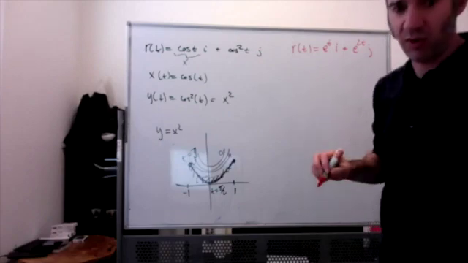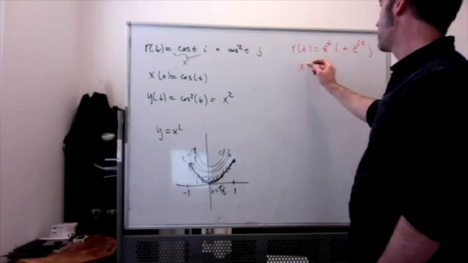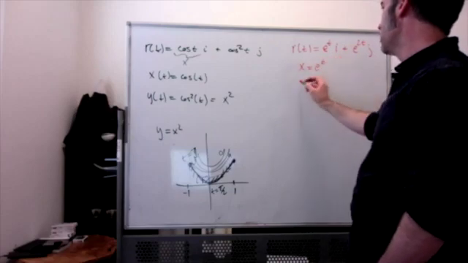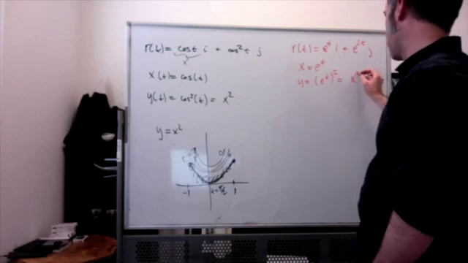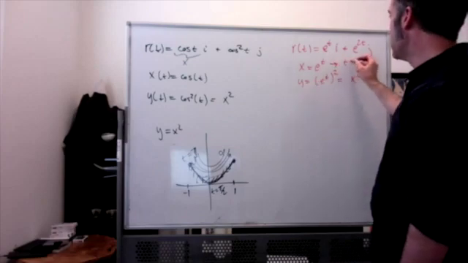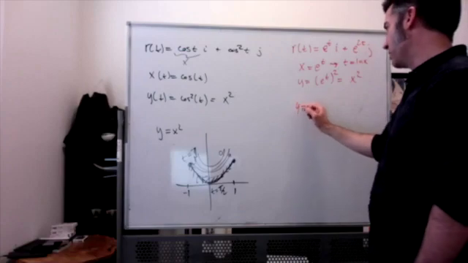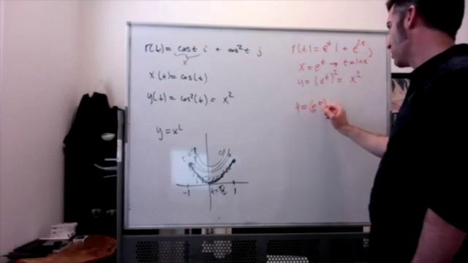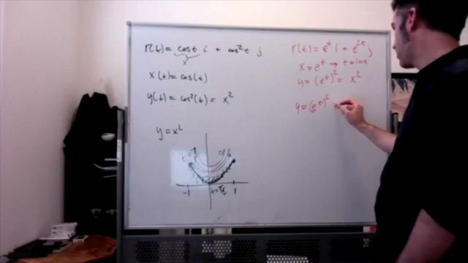It's pretty straightforward to say that x equals e to the t, y equals e to the t squared, which is just x squared. You could also solve for t: t equals natural log of x, and then plug that in for y, and y would be e to the t squared, which is e to the natural log of x squared, which is x squared.